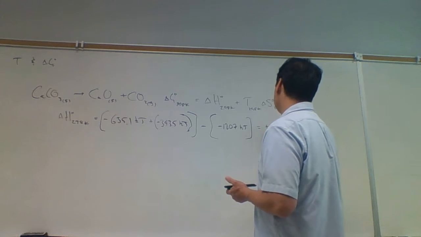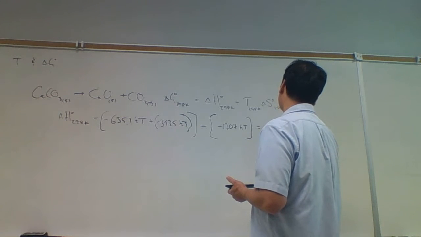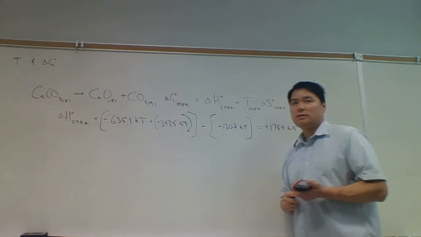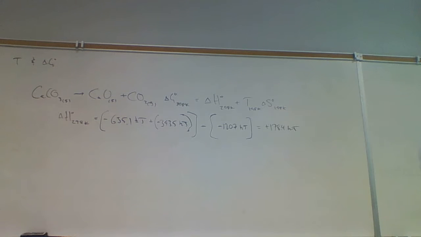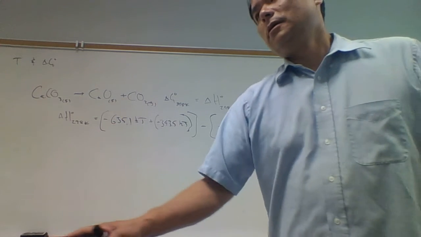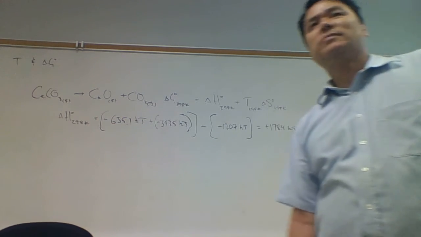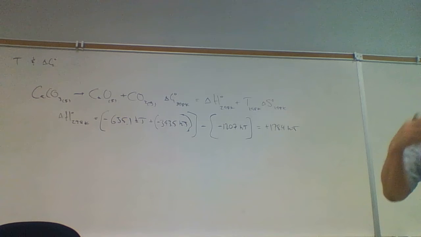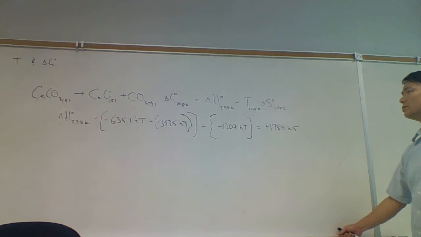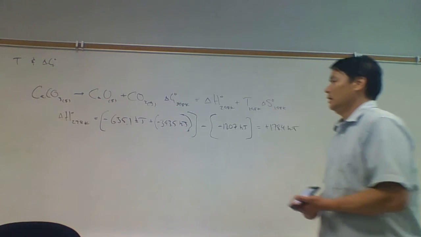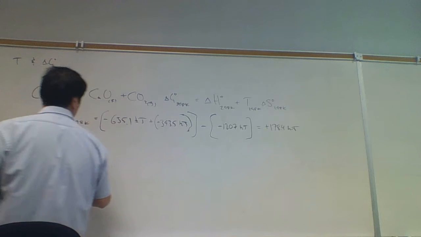So this comes out to plus 178.4 kilojoules, which tells us it's pretty spontaneous, non-spontaneous, or mildly non-spontaneous? Yeah, this is pretty non-spontaneous, plus 178.4 kilojoules. And so we got that going against this reaction.